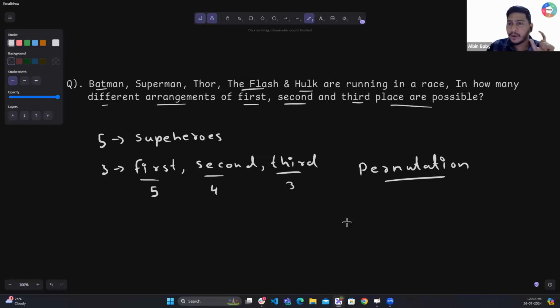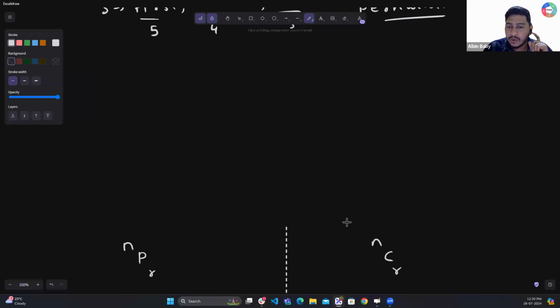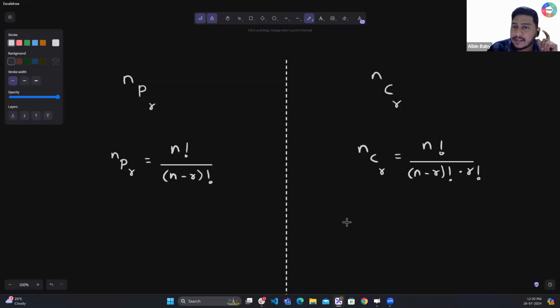So there are two important formulas for this, right? When the order doesn't matter, you'll go with the NCR formula. This is for combination, and this is for permutation. Both are important formulas.